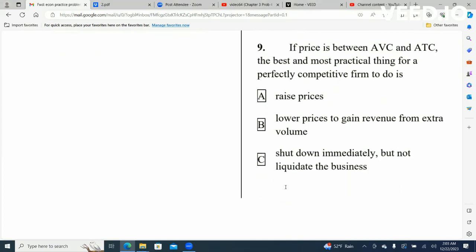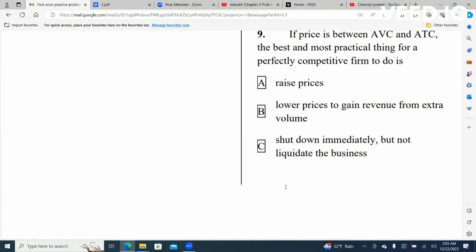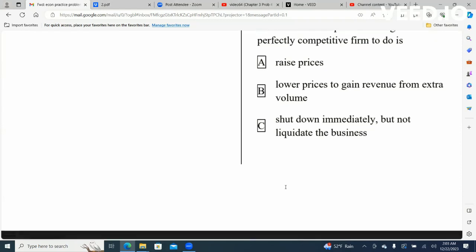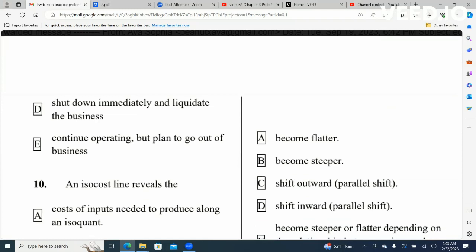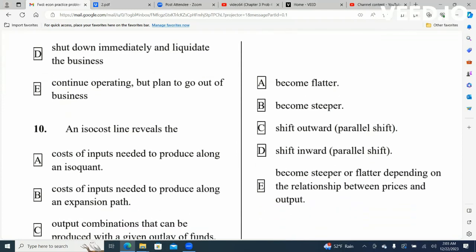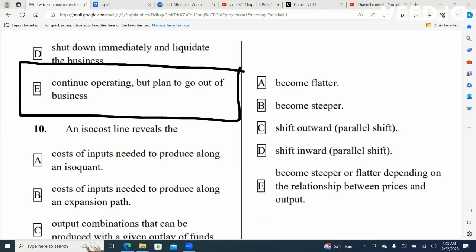So for 9, if the price is above the AVC and less than the ATC, the best and most practical thing for a perfectly competitive firm to do is going to be, remember, in that region we continue operating, but we do have to plan to go out of business.